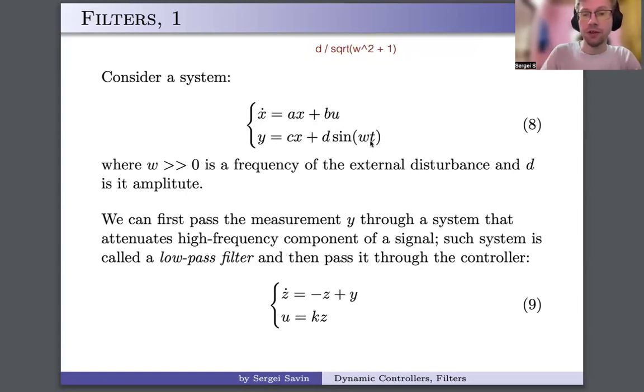So if w was, let's say, 10 kilohertz, that is 100 million. Of course, we have to transfer from hertz to radians per second, but it's not going to save the signal. So the signal is going to go down. It's going to be attenuated to almost nothing.